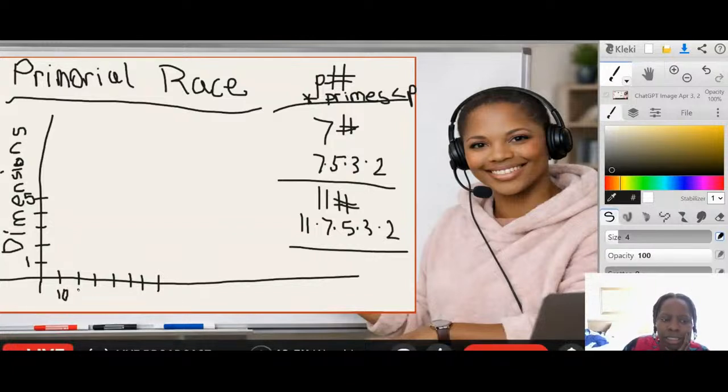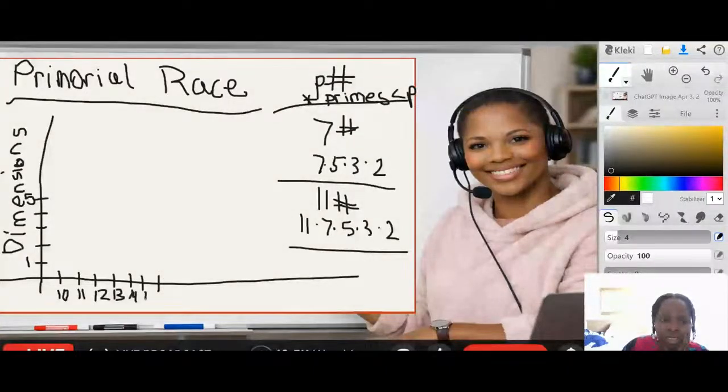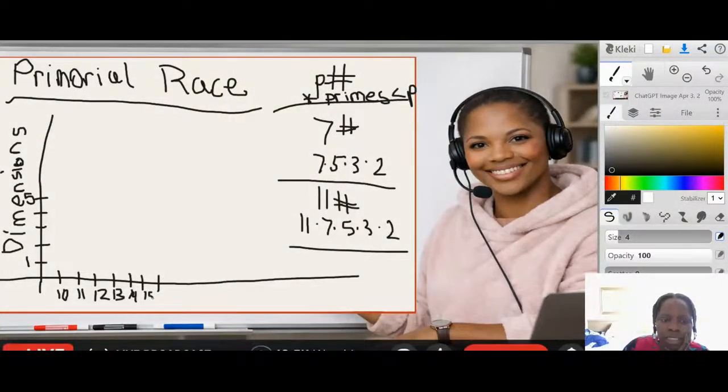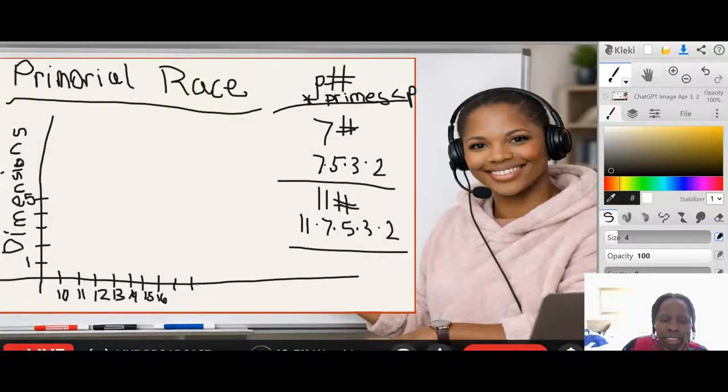Okay. Let's just start from 10, 11, 15, 16, 17, 18, 19, 20. So we'll do 10 today. Say for instance, this is our broken graph where we start at 10.